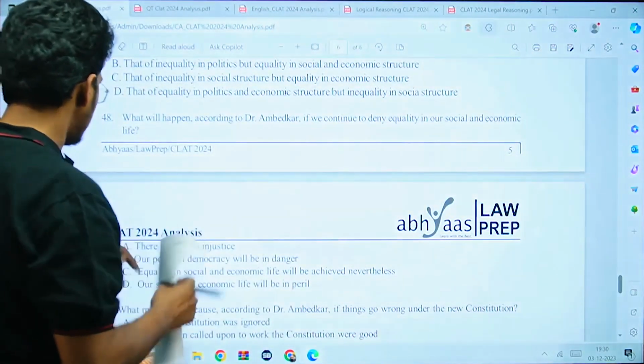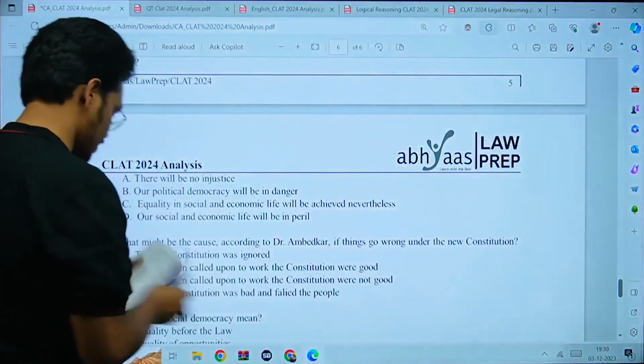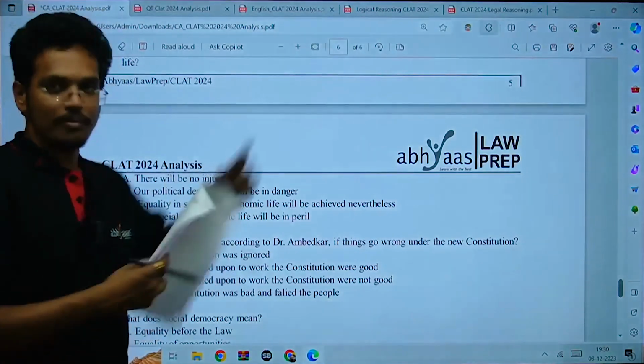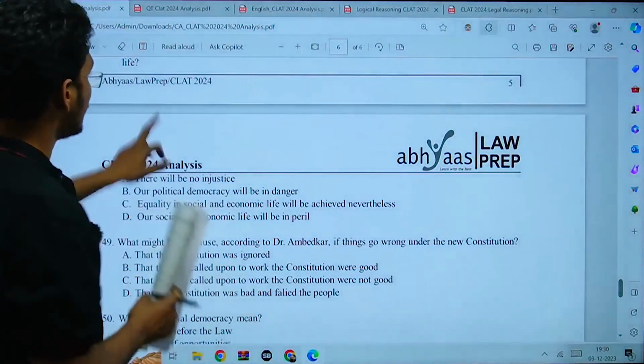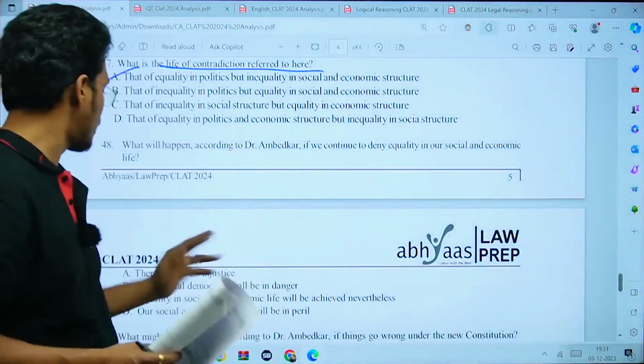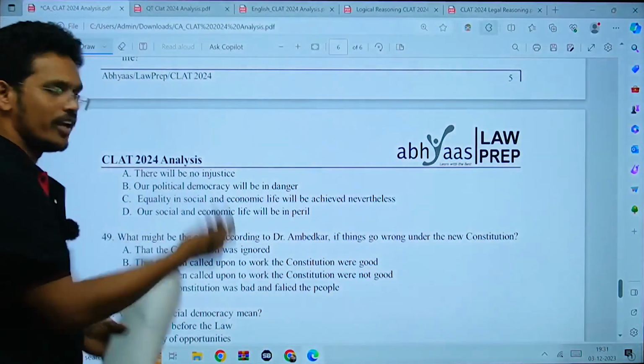So the answer is our political democracy is in danger. For this, we have no direct answer from the passage, but if we deny equality in our social and economic life, what would happen? There would be no injustice.